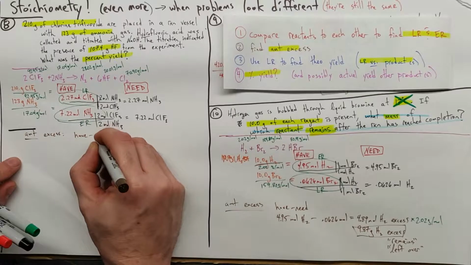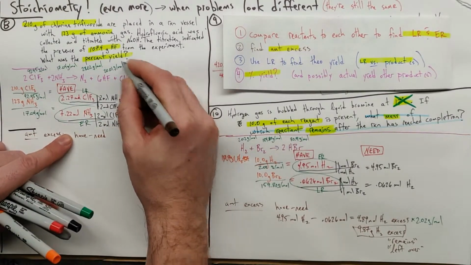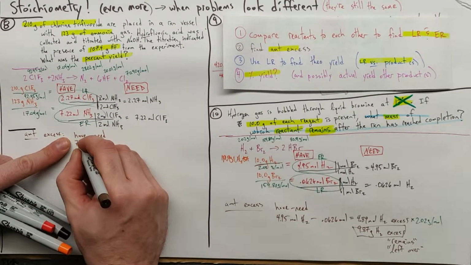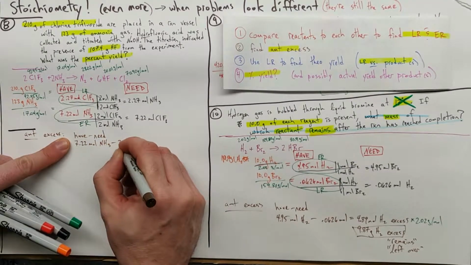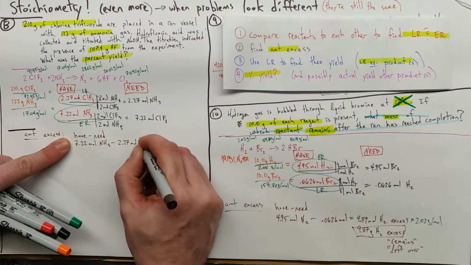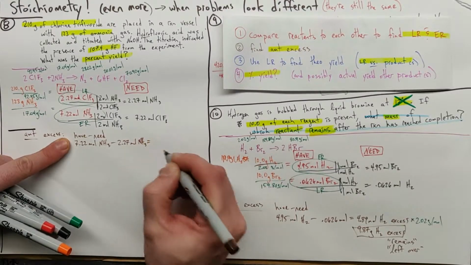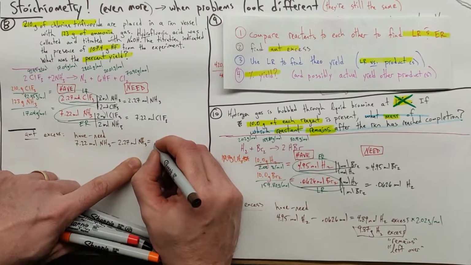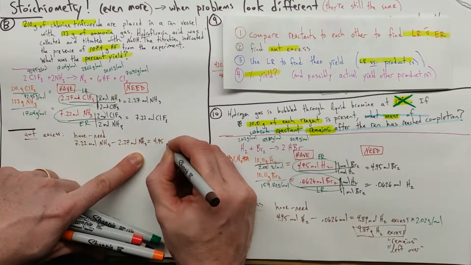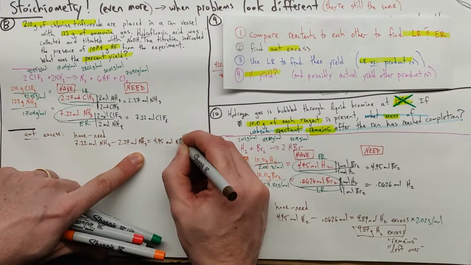Have minus need, 7.22 moles of our ammonia minus 2.27 moles of our ammonia. So we end up with, in this case, 4.95 moles of our NH3 excess.